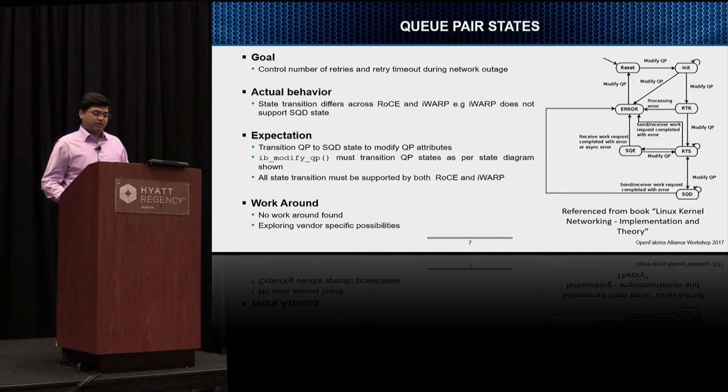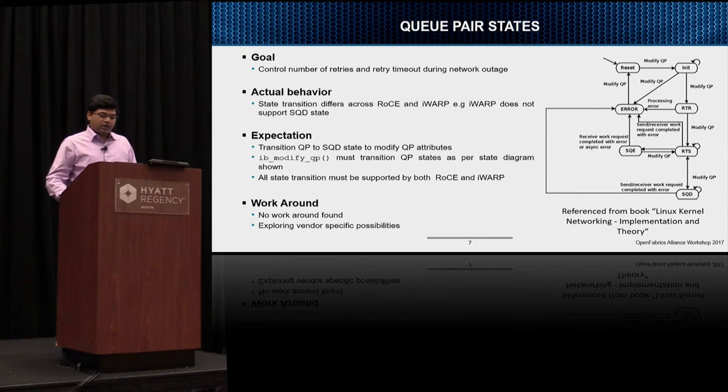challenge that we faced was with QPair states. Since it is a block storage application which is clustered across nodes, we are very sensitive to timeouts during network outage. So our goal was to control the number of retries and retry timeouts during network outage.